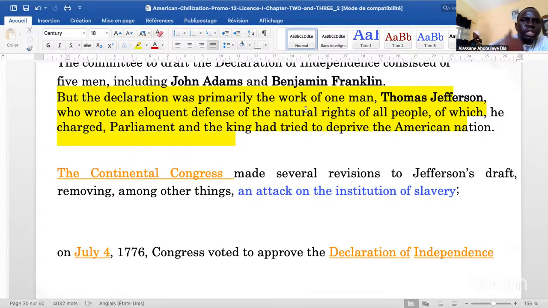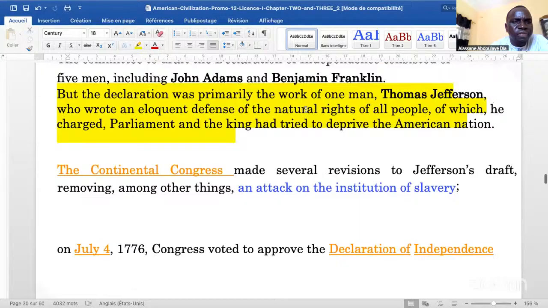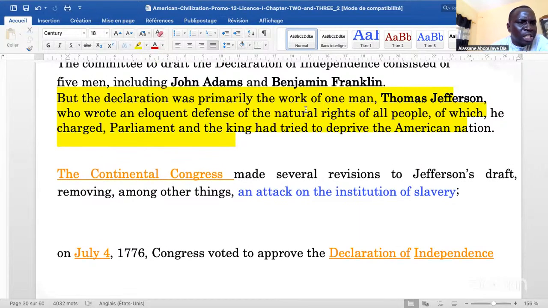There was a committee of 5 men, among whom you have John Adams, Benjamin Franklin, Thomas Jefferson and others. But understand that Thomas Jefferson was a major author. Thomas Jefferson is considered to be the author of the Declaration of Independence, because it is Thomas Jefferson who did almost the job.